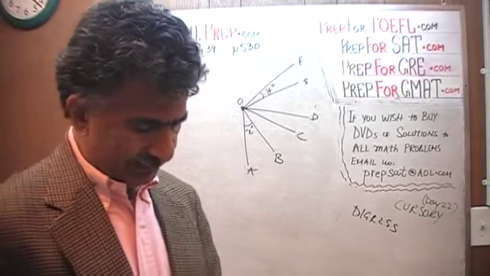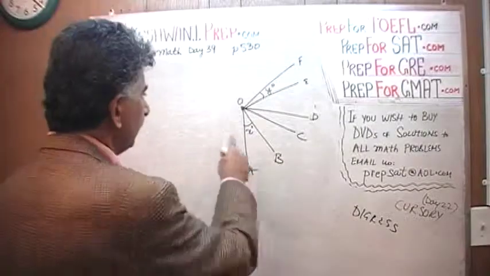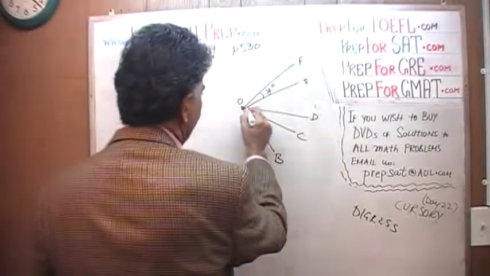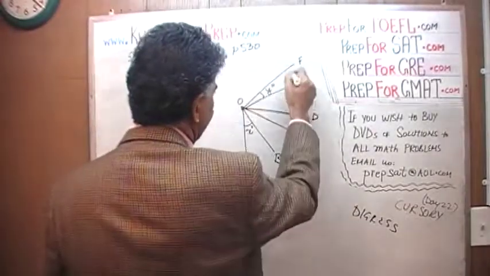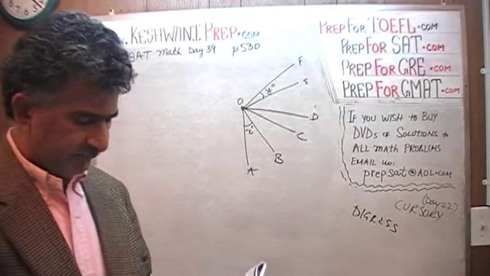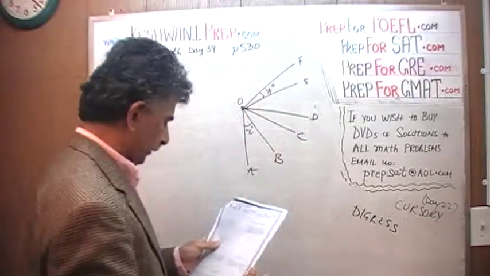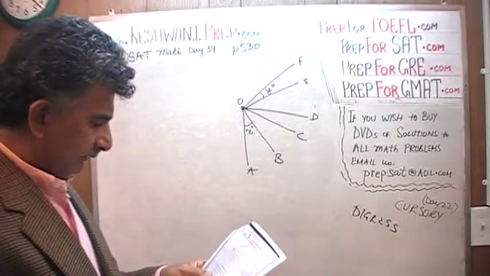OD bisects angle AOF. OD bisects, this is what they're talking about. This bisects the top half and the bottom half. OC bisects AOE, alright. And OB bisects AOD.